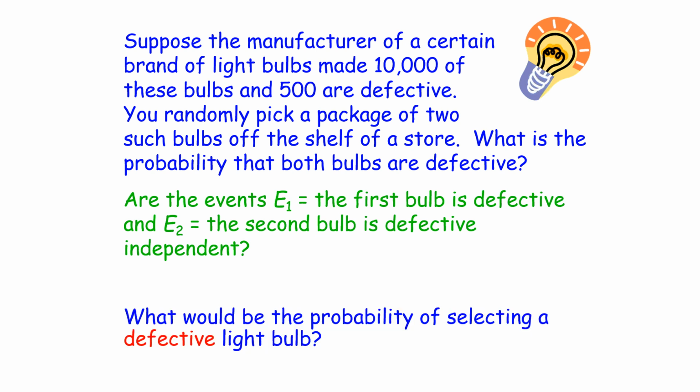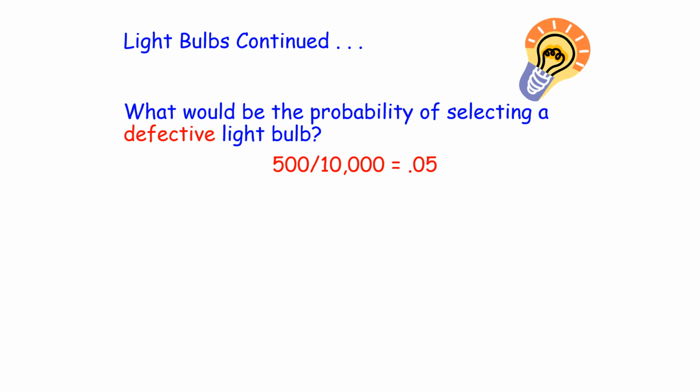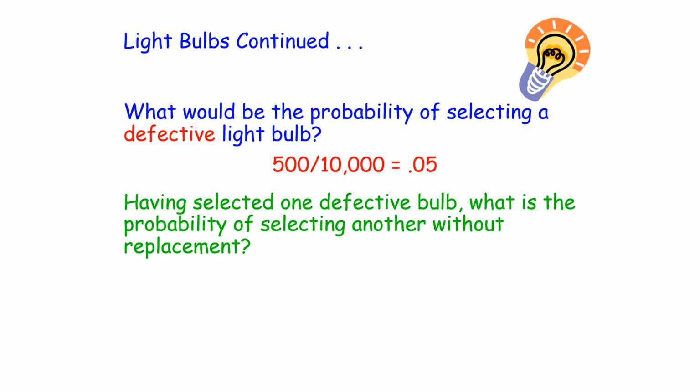So what would be the probability of selecting a defective light bulb to begin with? Well, there were 500 defective ones out of the 10,000 made, which means that we have a 0.05 chance that our light bulb is defective. So having selected one defective bulb, what is the probability of selecting another without replacing it?